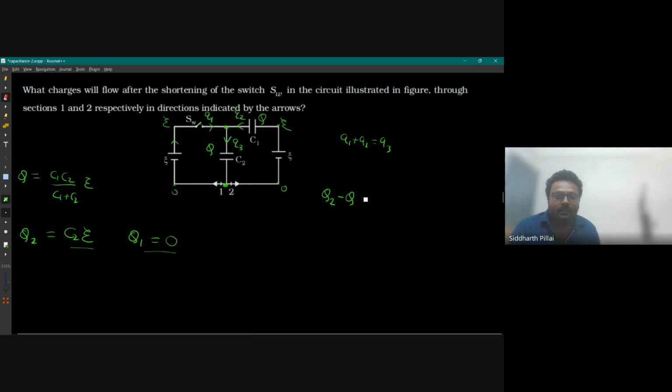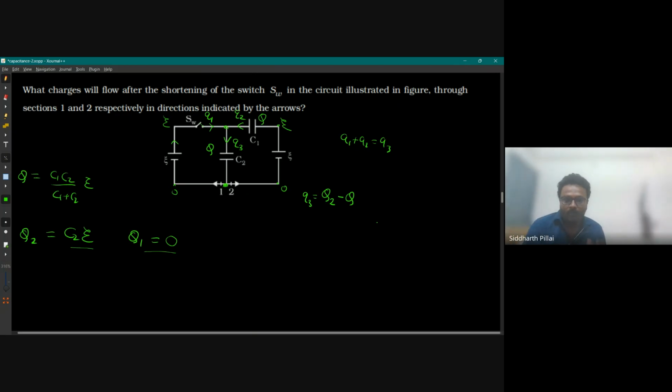Q3 is equal to Q2 minus Q. The final charge, which is C2 times E, is clearly greater than the initial charge, C1 C2 by C1 plus C2. So how did it get that charge? Some charges must have flown from the two batteries and come to this plate of the capacitor C2, which is what I'm calling small q3.